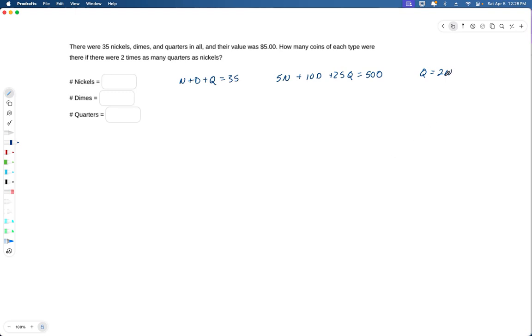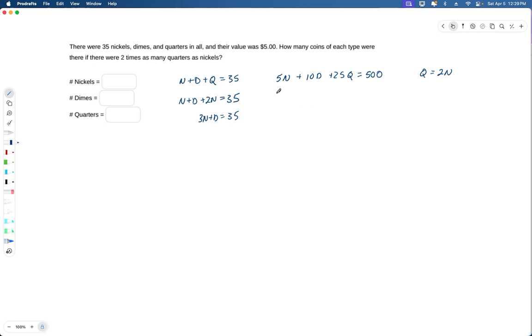Okay, so there's my original equations. I'm going to use this to substitute into both of these to create a smaller equation, something with only 2 variables. So n plus d plus 2n is equal to 35. So 3n plus d is equal to 35.